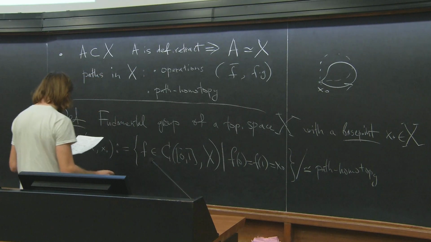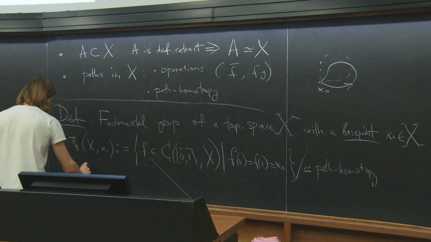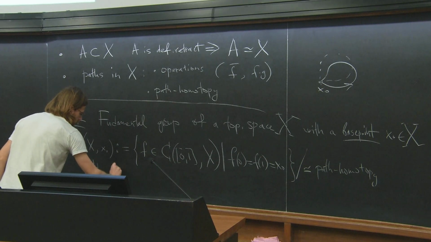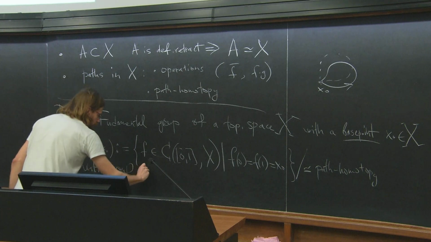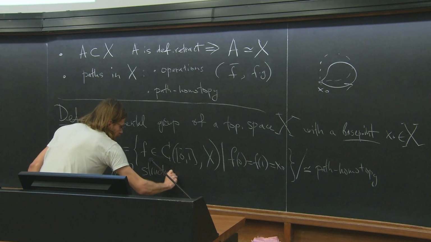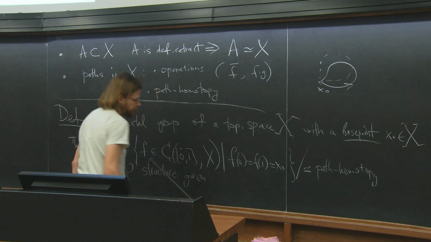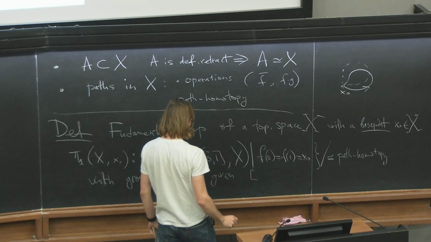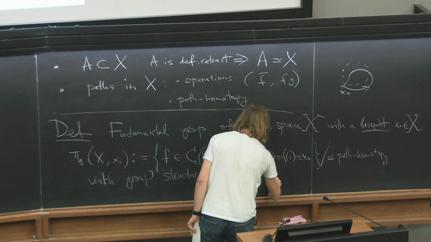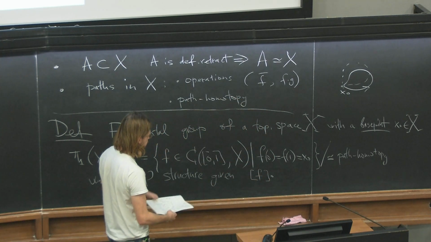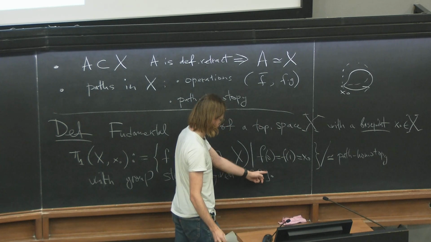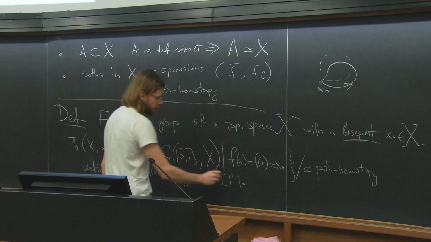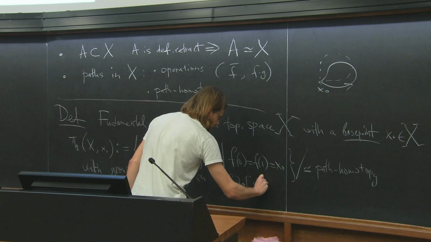The group structure is given essentially by composition of paths, which we defined earlier in the last lecture. The elements in the set are path homotopy classes of paths, and as usual, these equivalence classes represented by a certain path f we will denote by square brackets.